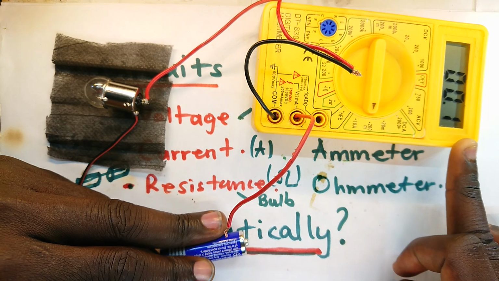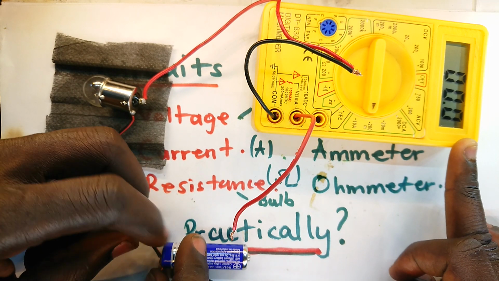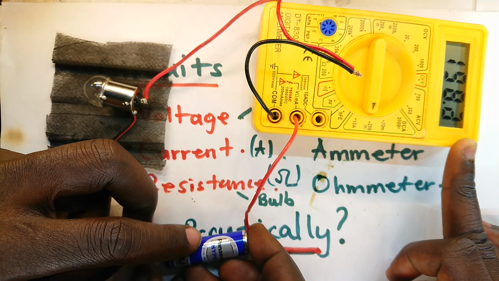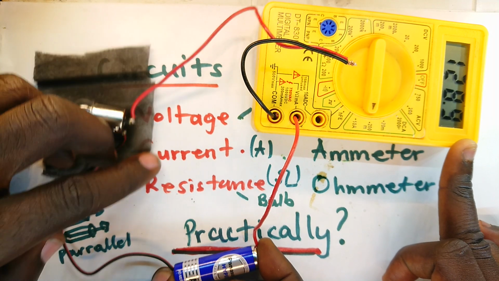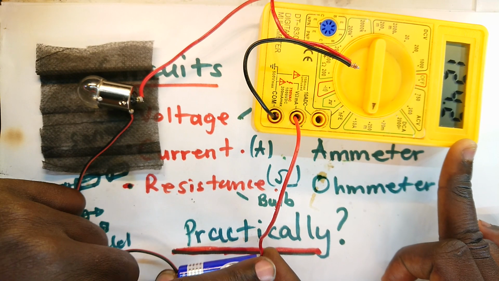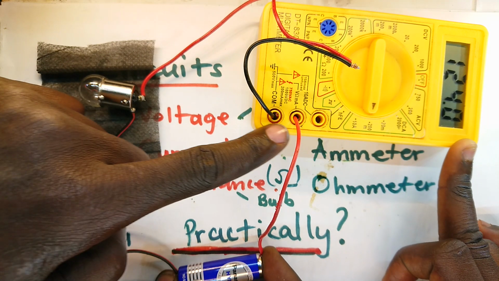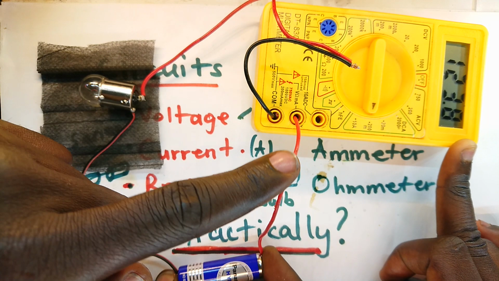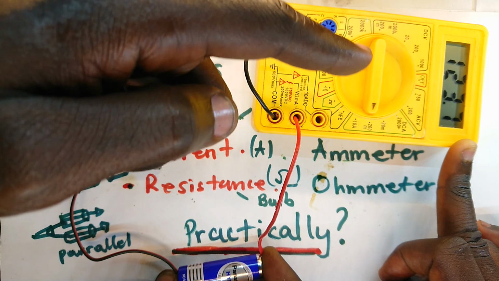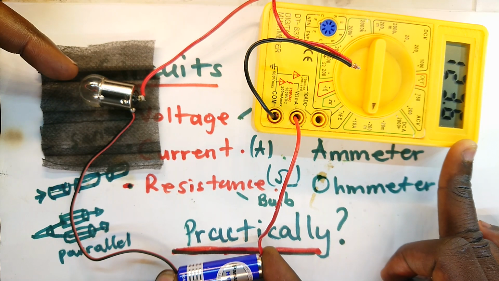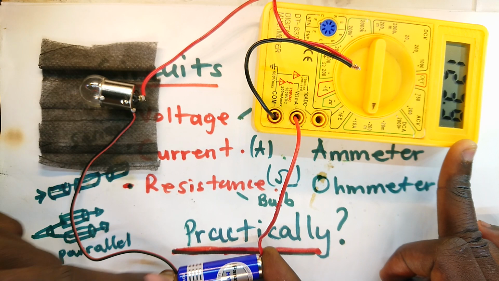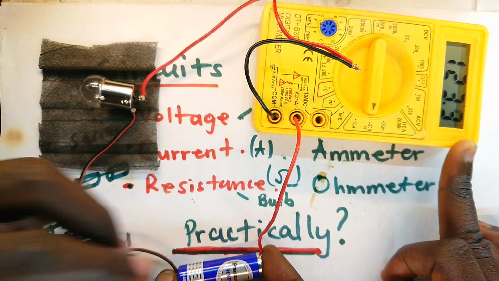Like I told you, we've connected this in series. Also remember that current is coming out of the positive terminal of the battery, passes through the multimeter, or in this case ammeter, and then comes out through the black terminal, runs through the bulb, causes the bulb to glow, and then comes back to the negative terminal.